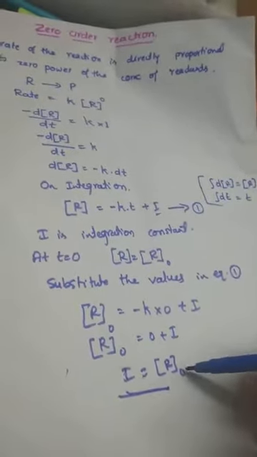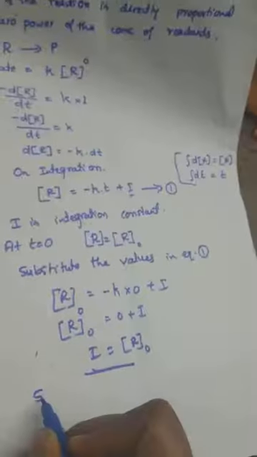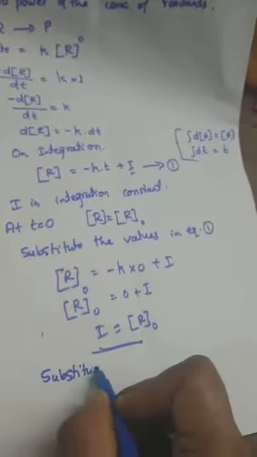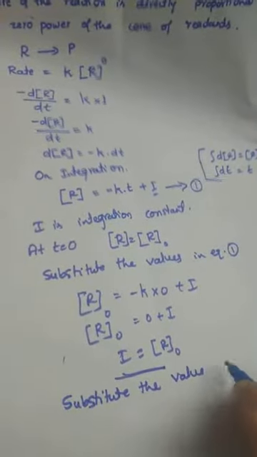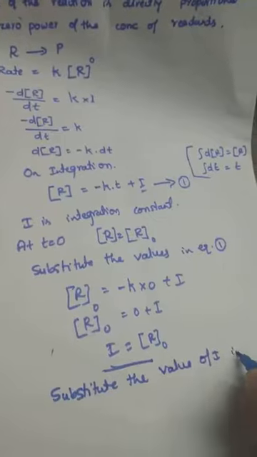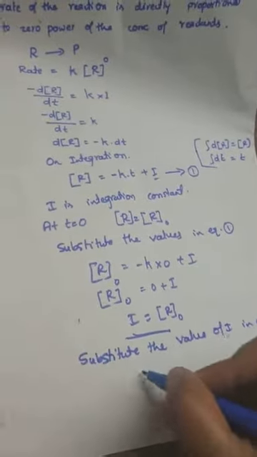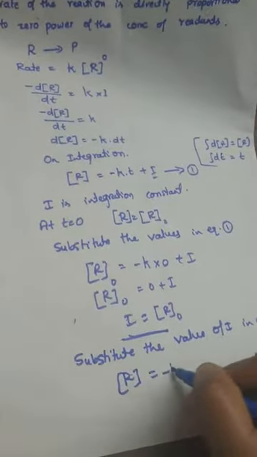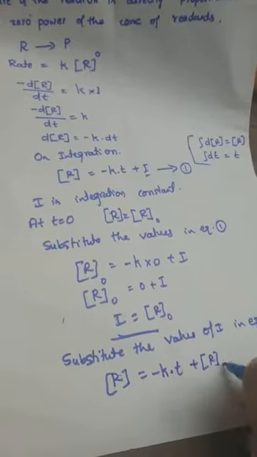So we got the value of I. Now we have to substitute this value of I in equation 1. So the molar concentration of R equals minus K into t plus R naught.